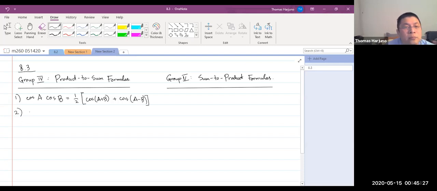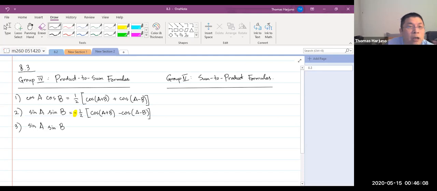Second, sine A sine B equals negative 1/2 of cosine sum minus cosine difference. If you want the proof, take a look at my trigonometry class videos on chapter 5, I believe. Don't forget there's a minus here.